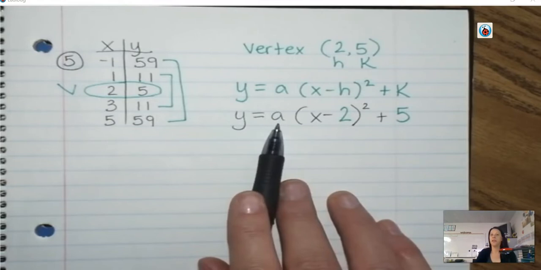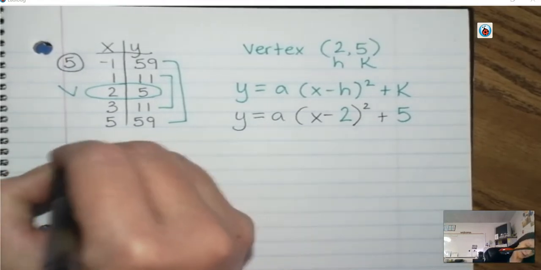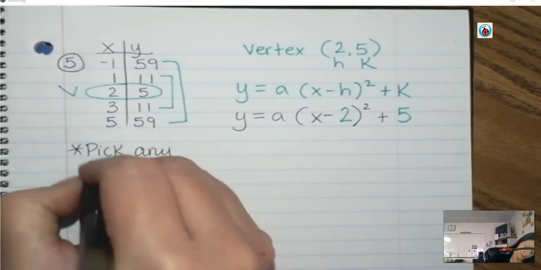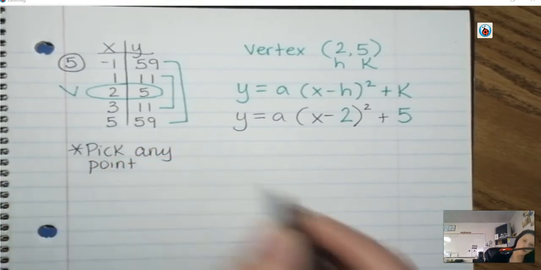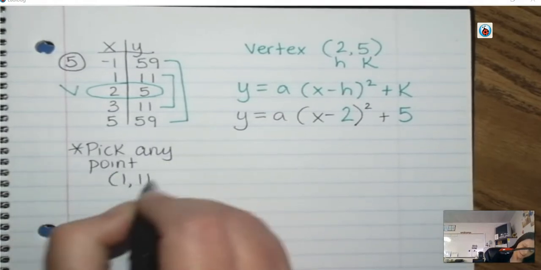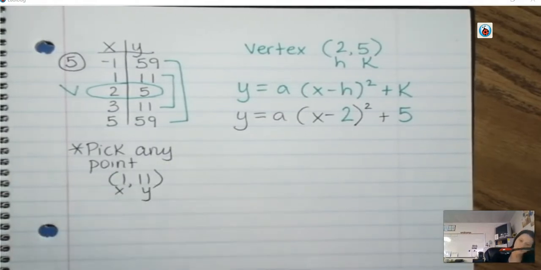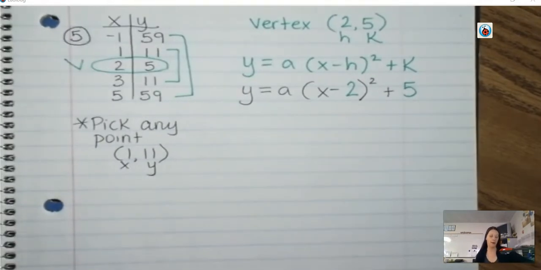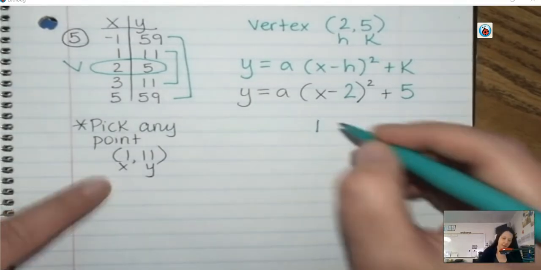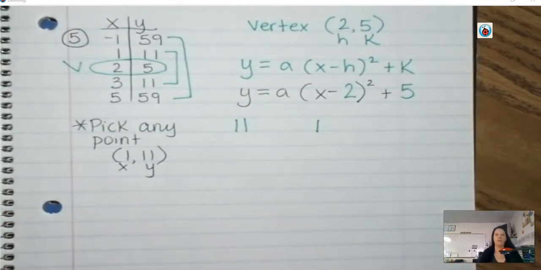So to figure out what the A value is, I need to pick any point. Pick something besides the vertex. Let's just pick 1, 11. 1 will be x, and 11 will be y. So in that equation, you're going to put 1 in for the x value and 11 in for the y value.